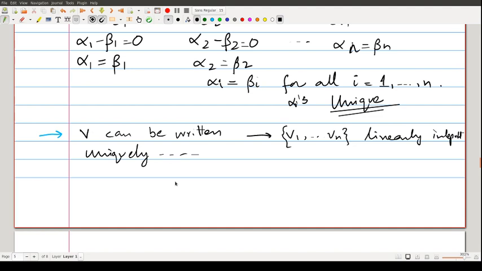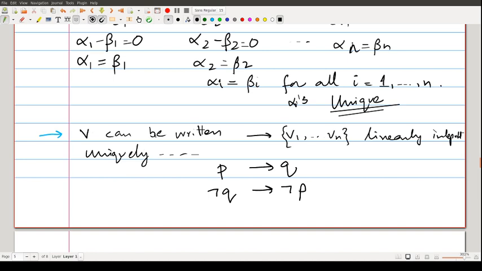And the way I'm going to prove this, if you consider this statement to be a statement of the form P implies Q, then using the logic of contrapositives, I know that this is equivalent to proving that negation Q implies negation P. That if you don't have a linearly independent set, then you can't write them uniquely, right?